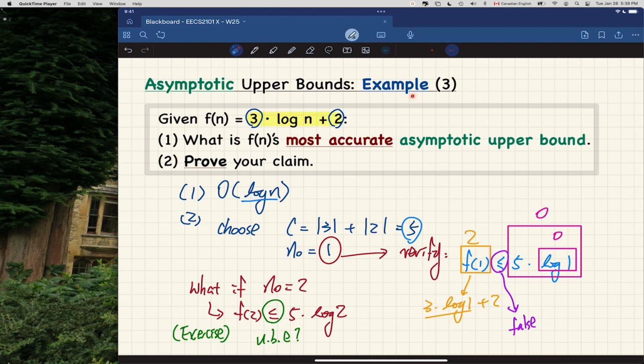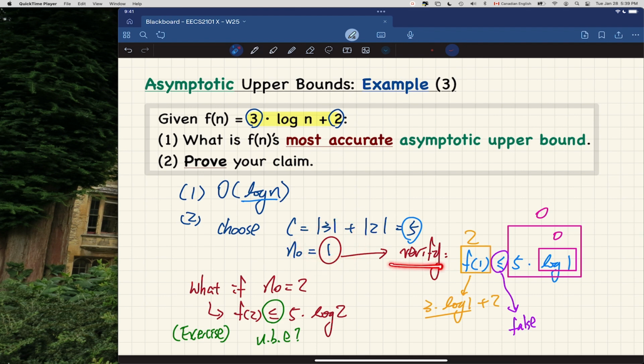And example 3 here is very important because that one involves not just polynomial, it involves also log. So that means our proven strategy may not necessarily work right away. It may work if you're lucky, but it may not work. So that's why you have to double check when you actually got n0 equals 1, once you have chosen the C accordingly.